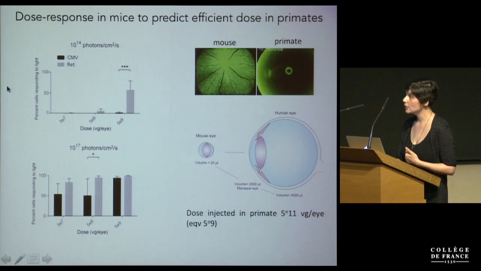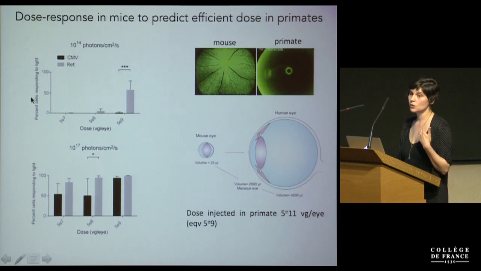So here I'm showing you different doses of AAV that was used to introduce CatCh into retinal ganglion cells of RD1 mice, and the percentage of cells responding to light in this situation with CMV or RET promoter. And you can see that with lower amount of light, we get responses that are robust with our retinal cell specific promoter because it expresses CatCh at higher levels.